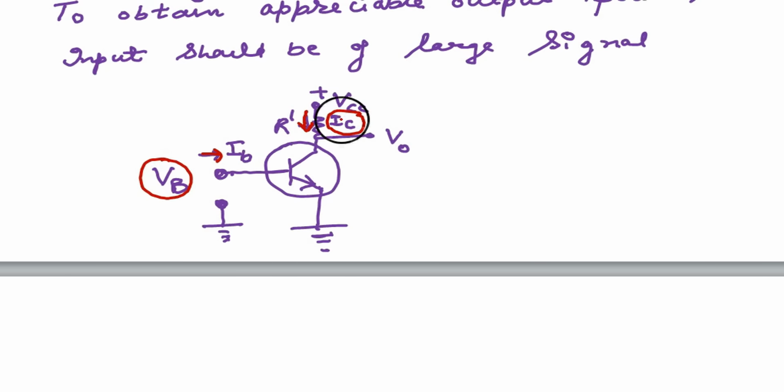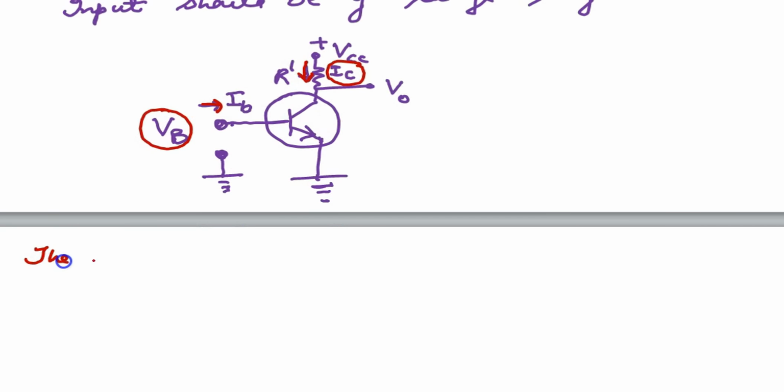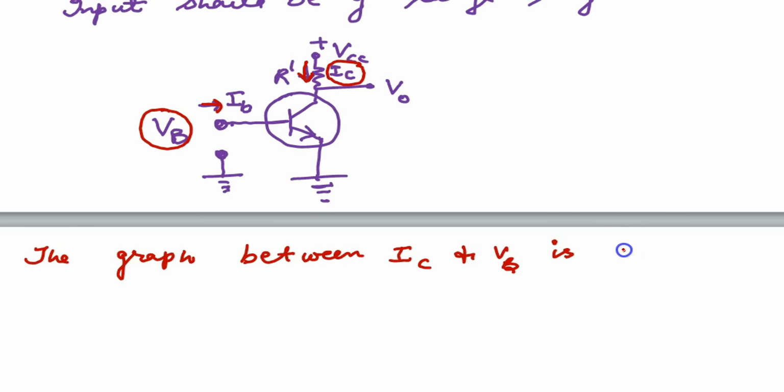VB and IC: VB is the input parameter, and IC is the output parameter. When one parameter is on the input side and the second parameter is on the output side, the graph between the two parameters is called the transfer curve.